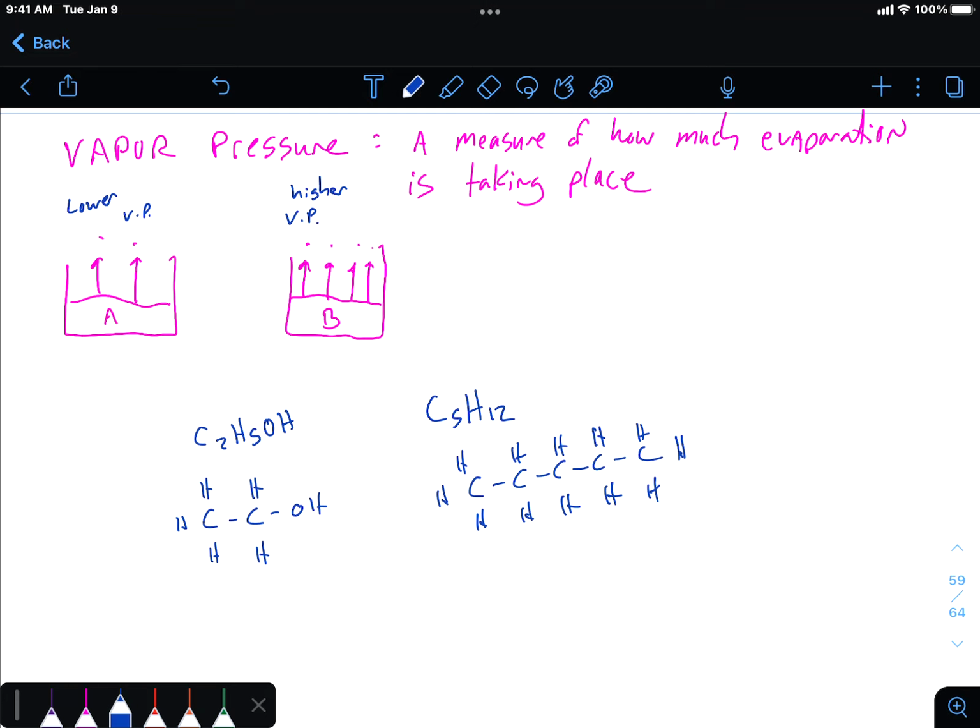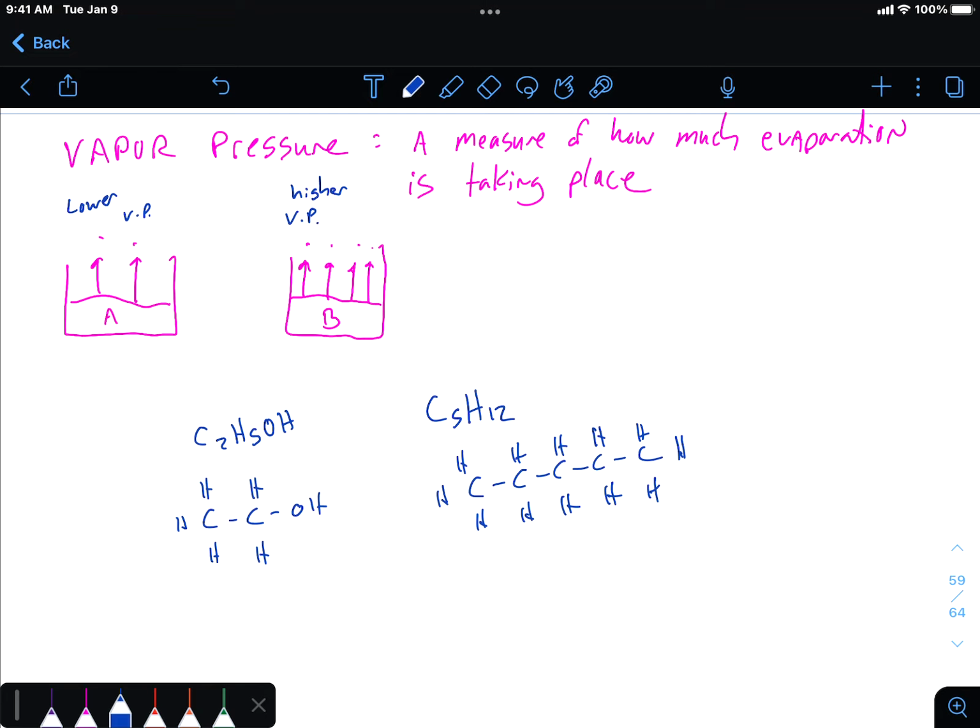Which one of these two will have a higher vapor pressure? Taylor?